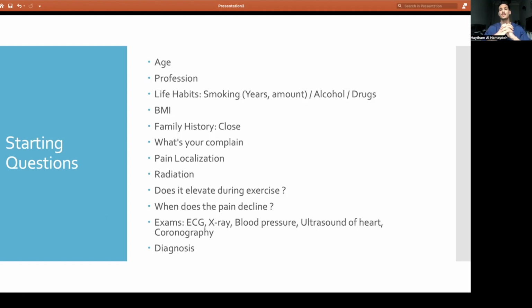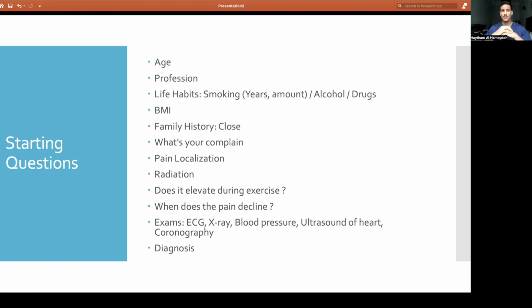Here we ask if a patient smokes or not, and if yes, for how many years, and the amount of cigarettes or smoking that they perform per day, whether it's a packet or more, if they consume alcohol, or if they even consume drugs. The BMI, we look and take an idea if the patient is thin or overweight. This gives an idea of what route the disease is going to be.